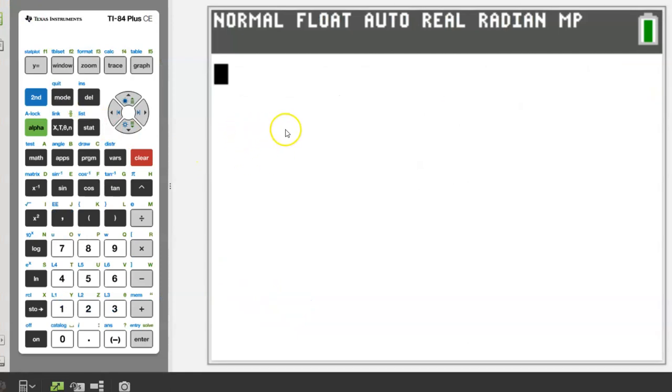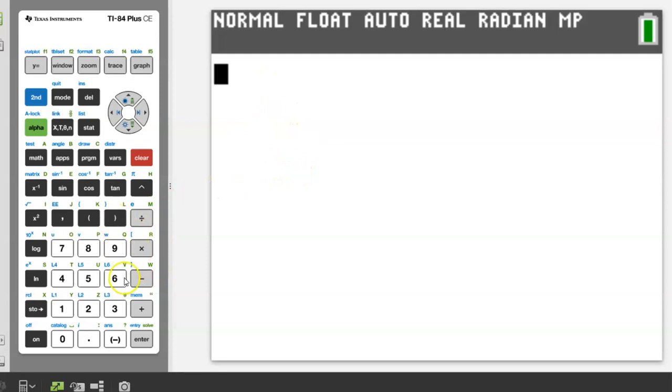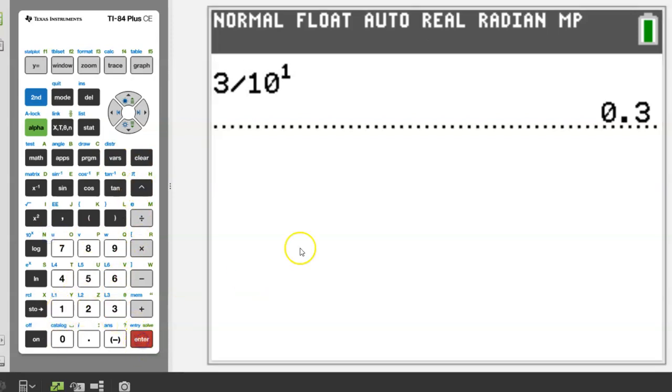Here's how you do successive partial sums on a calculator. Remember, we are doing 3 over 10 to the n, so let's go through the motions and start off with 3 over 10 to the 1. So obviously we get 0.3.